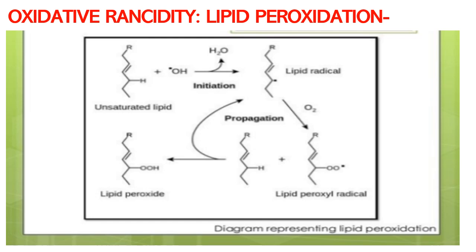It will react with fatty acid molecule to finally yield lipid peroxide. Reaction between lipid peroxy radical and free fatty acid also undergoes propagation process to yield lipid radicals, which again undergoes oxidation process to give lipid peroxy radicals.